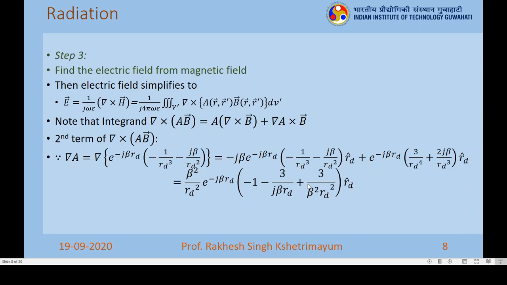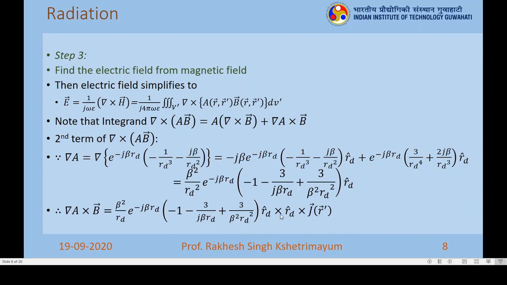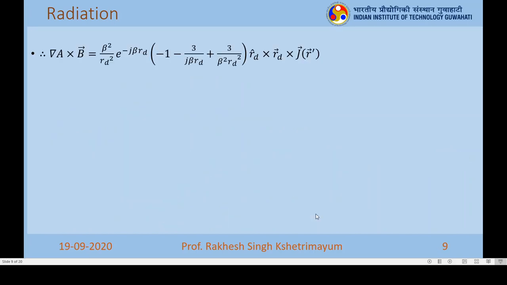This expression you have here. Once I have gradient of A, I want to find the second term. Second term is the cross product of gradient of A with the B vector. B vector is the cross product of the RD vector with the J vector, and this is the gradient of A we have here.